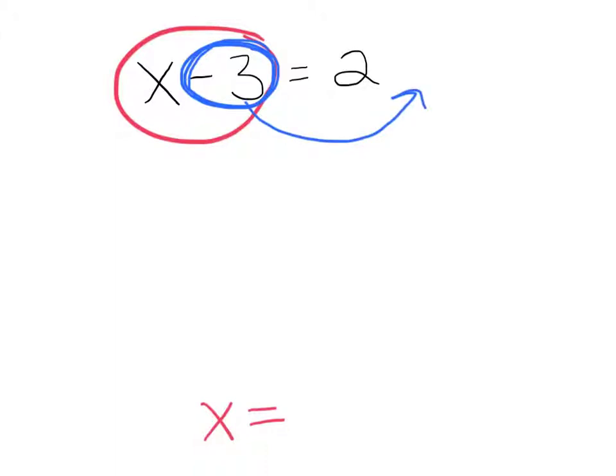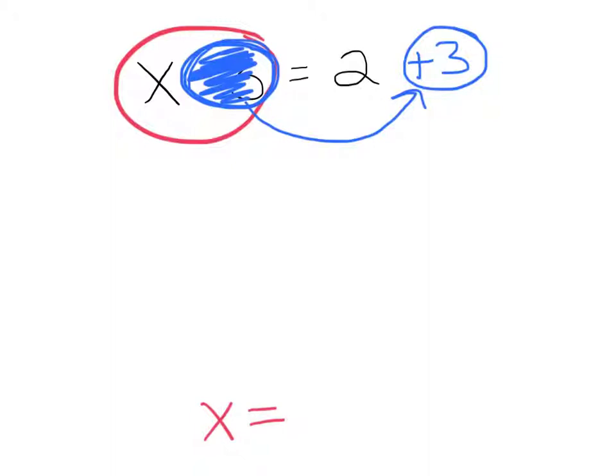But when I drag it to the other side, it transforms into its inverse operation. So the minus 3 goes away, and instead I end up with plus 3 on the other side. That might be an easier way of thinking about this.